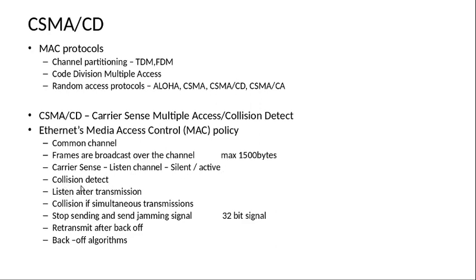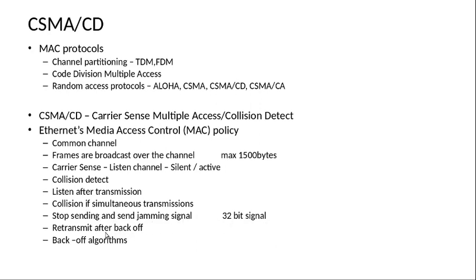Once you transmit the frame, it will listen to the channel, and if a collision occurs as a result of simultaneous transmissions by two or more nodes, then it will stop sending and send a jamming signal. The jamming signal is sent by whichever node first identifies that there is a collision, and that jamming signal is a 32-bit signal.